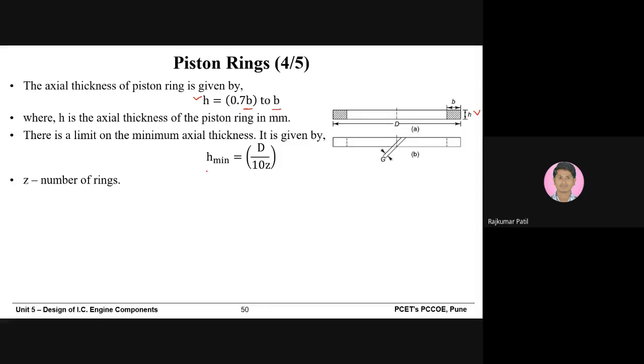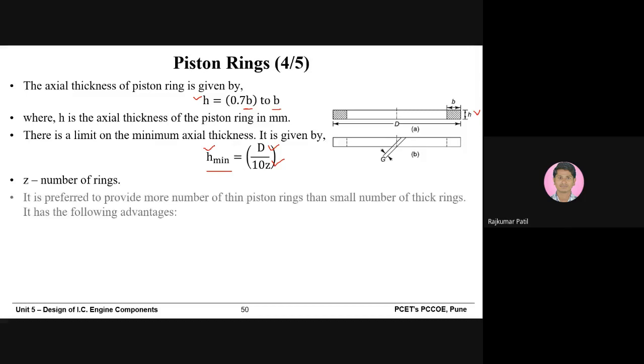And the H minimum is equal to bore diameter divided by 10Z, where Z is the number of rings. So these two parameters, that is bore diameter and number of rings, based on these two values we need to decide the minimum value of H, that is axial thickness of the piston ring.